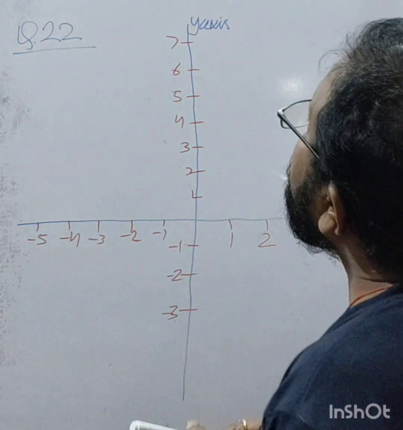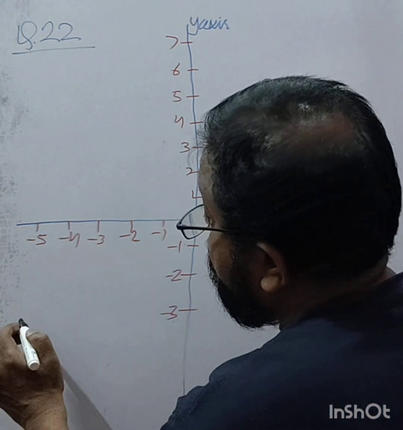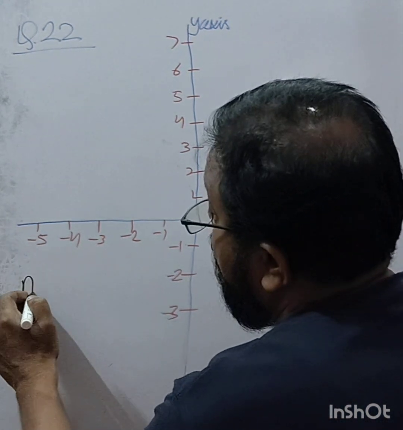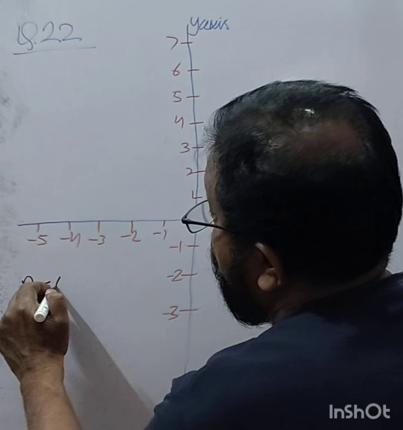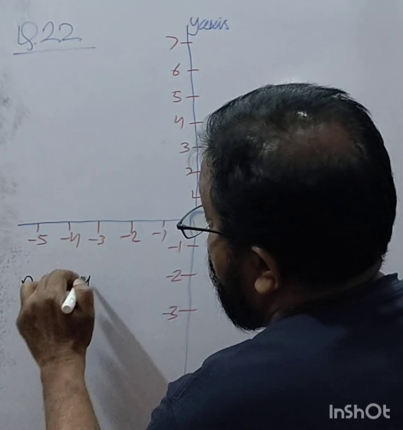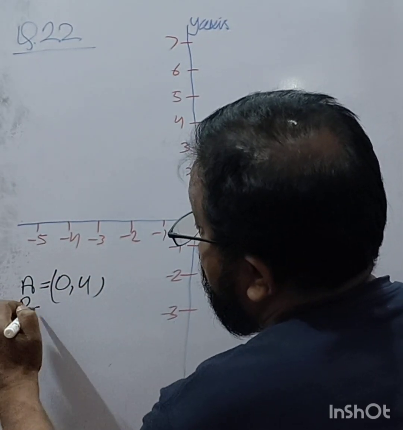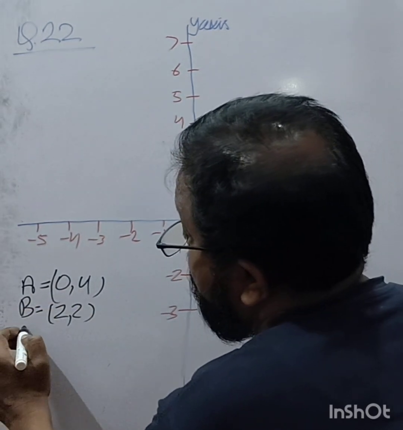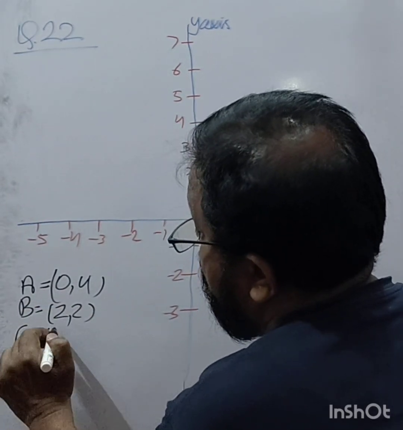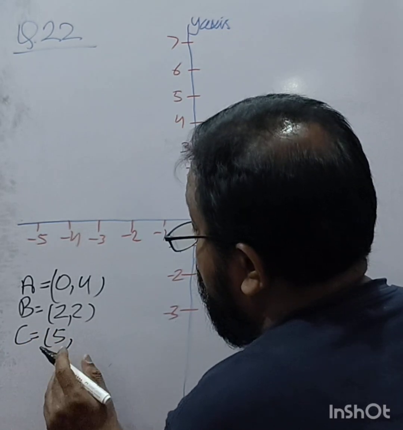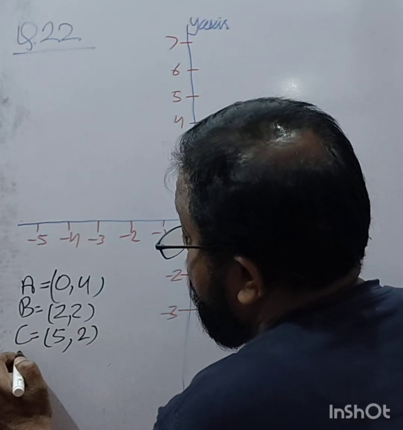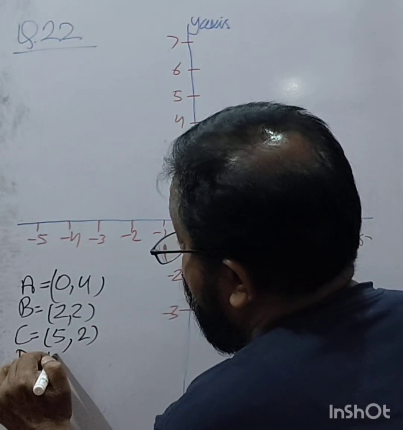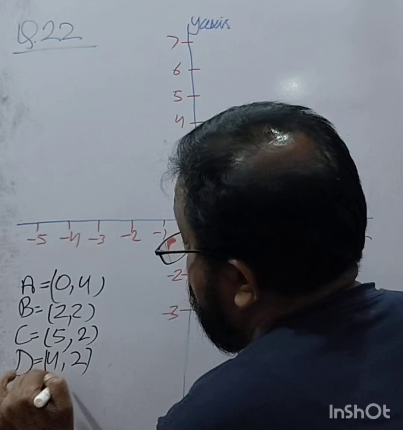A is 0,4. Okay. B is 2,2. C is 5,2. D is 4,2.